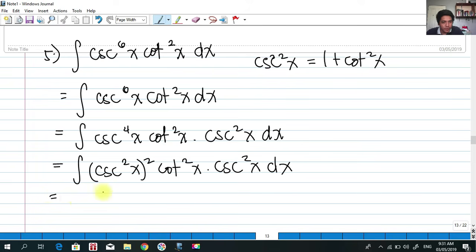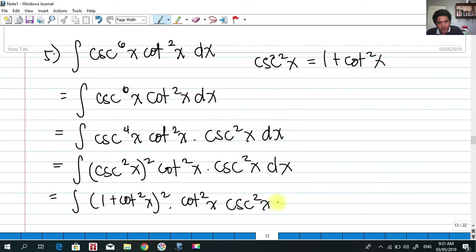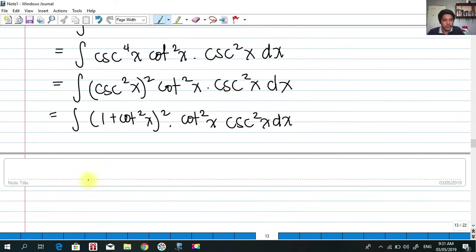Okay? So we can express this cosecant squared of x as 1 plus cotangent squared of x, squared, multiplied by cotangent squared of x, multiplied by cosecant squared of x dx. So as you can see here, we can now use the u substitution.